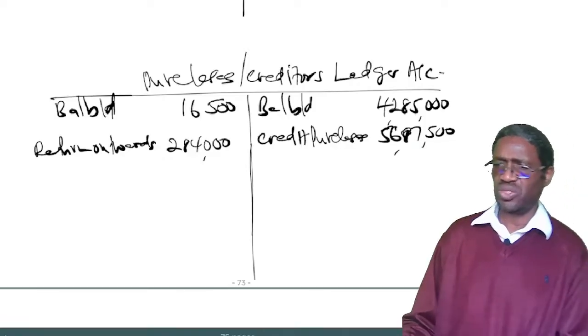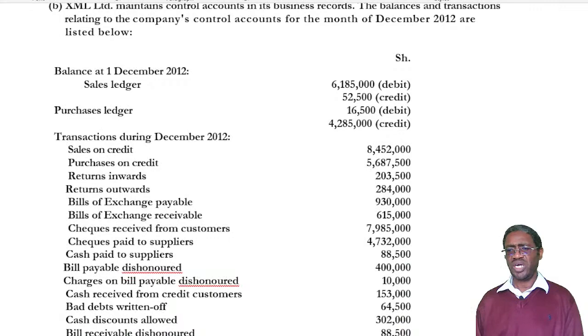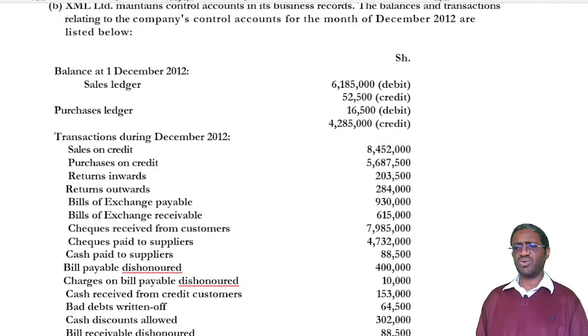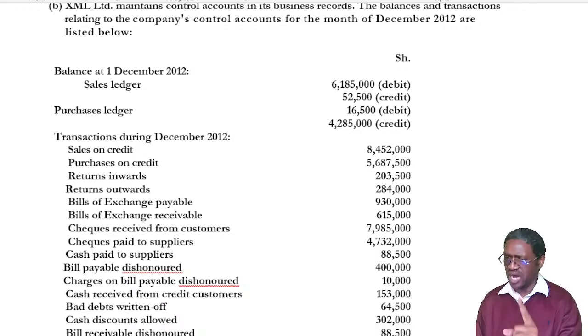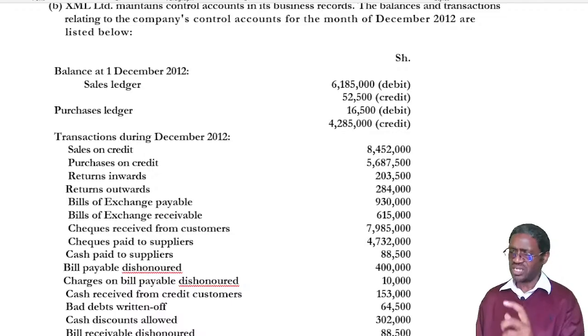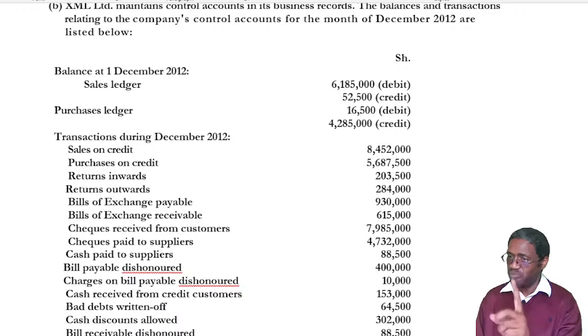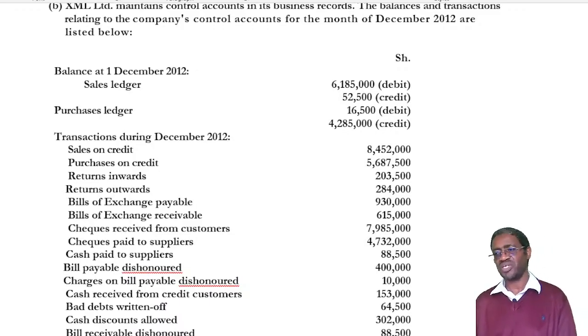After that, we go to the next transaction now. We are given, after return outwards, bill of exchange payable. We paid our supplier. Listen, we paid our supplier by signing that bill. So to us as a business, it's a bill payable. It's as good as having paid our creditors.